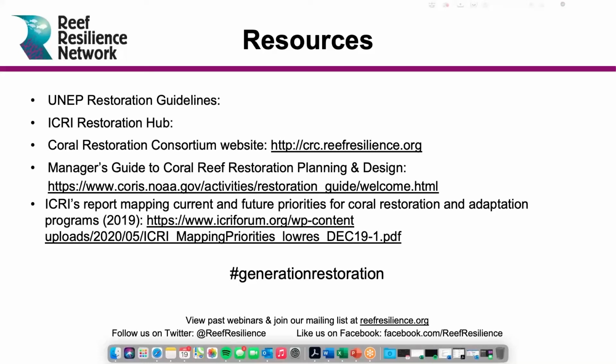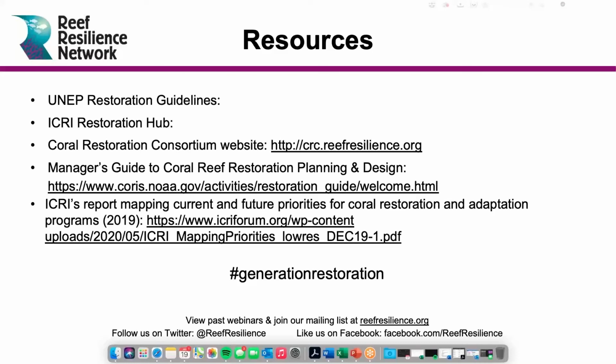There are lots of examples of payment for ecosystem services schemes where stewards of an ecosystem are paid by an entity, be it individuals, a company, or a government, to protect, manage, and restore an ecosystem in order for it to continue providing the important services to the global good, to the community.